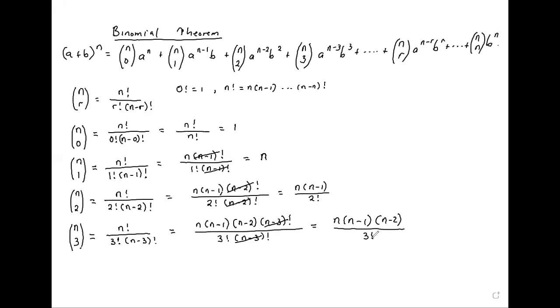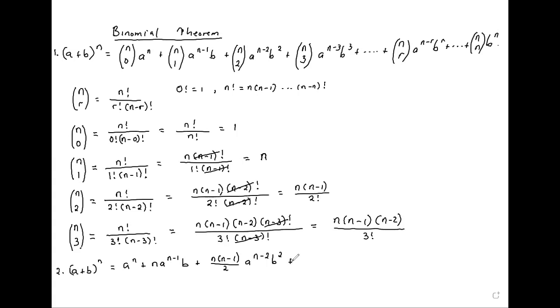Now this means that we can write (a + b)^n equal to, instead of saying n choose 0, we'll say 1. Now 1 by a^n is just a^n. Instead of saying n choose 1, we'll just say n a^(n-1) b. Instead of n choose 2, just say n(n-1) over 2 factorial, a^(n-2) b^2.